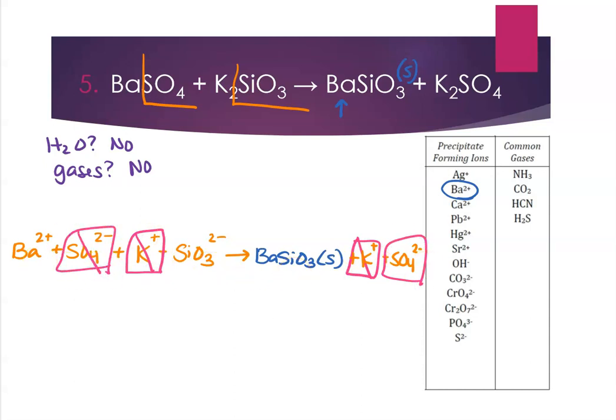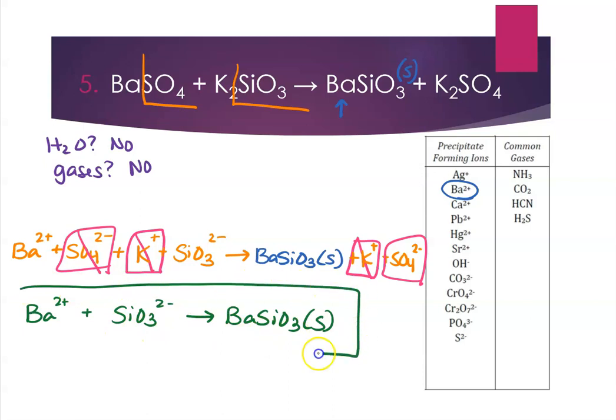Everything else is part of my solid. So this is going to be Ba2+ plus SiO3 2- gives me BaSiO3 as a solid. 1 Ba, 1 Ba, 1 SiO3, 1 SiO3 means that this is balanced.